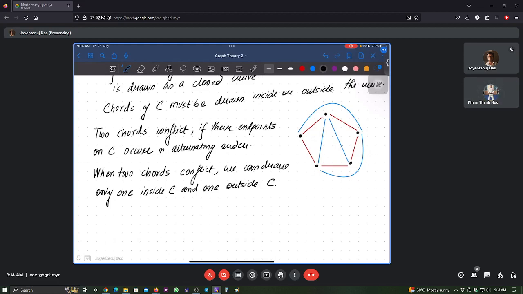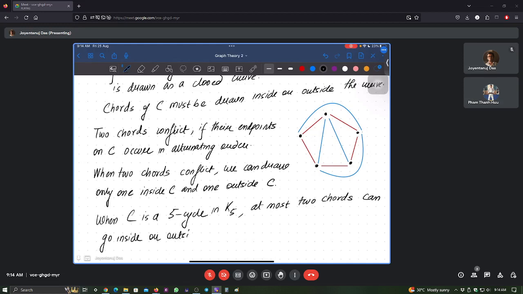Now when C is a 5 cycle in K5, at most two chords we can draw inside or outside, right?